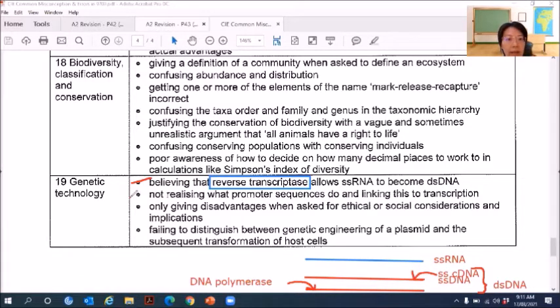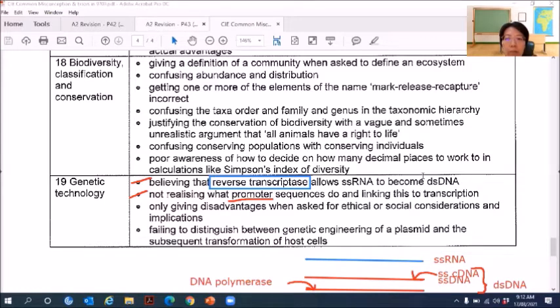Okay, next, not realizing what promoter sequences do and linking this to transcription. So that means a student did not know the function of the promoter. Remember when you learned lac operon. Okay, lac operon is made up of 3 sections, which is POS.